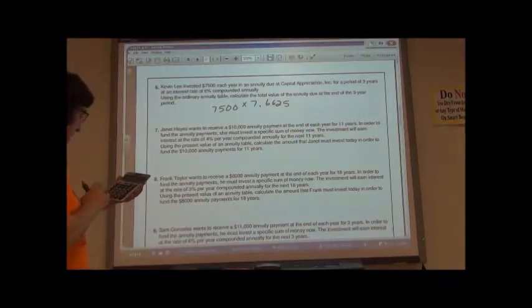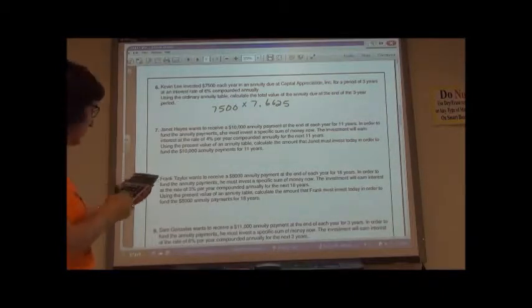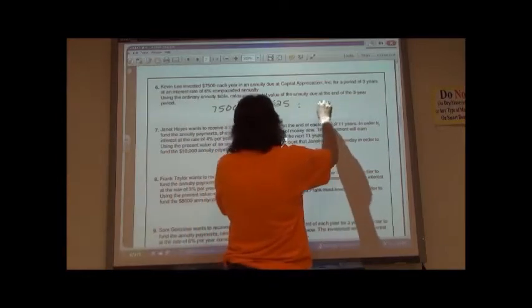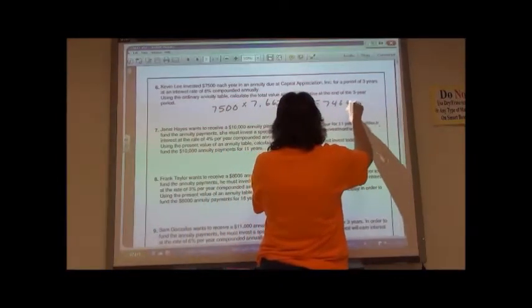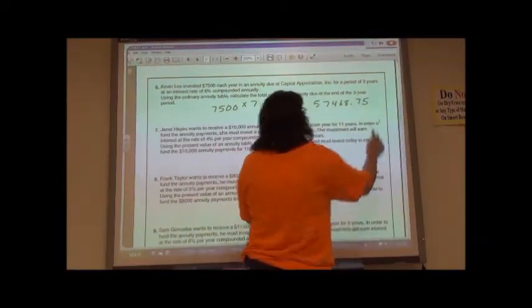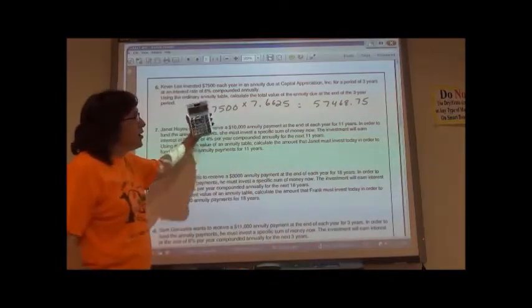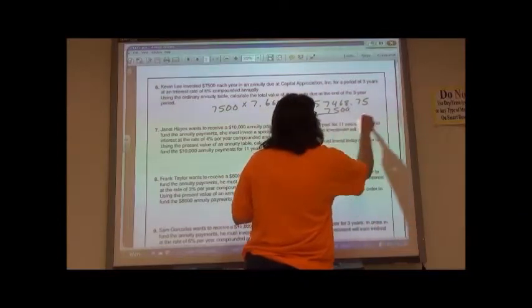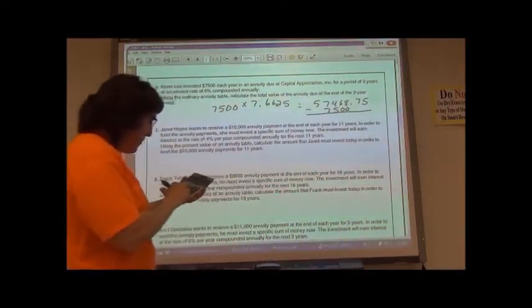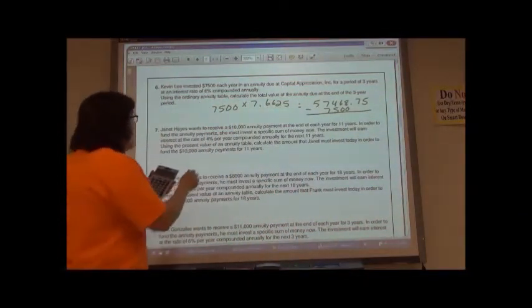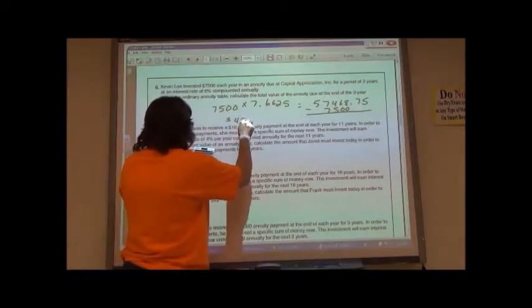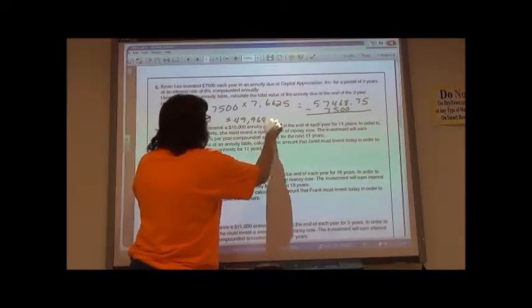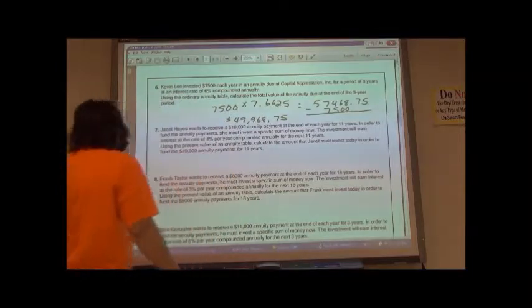So 7,500 times 7.6625 gives me $57,468.75. But we have to subtract off that extra payment that we really didn't make. We just had the extra interest. And so if I subtract off my $7,500, I would have $49,968.75.